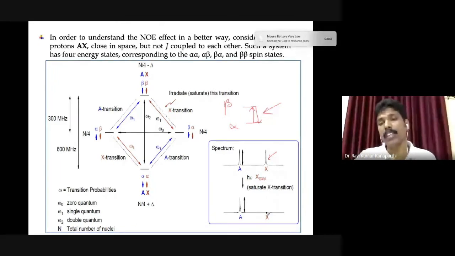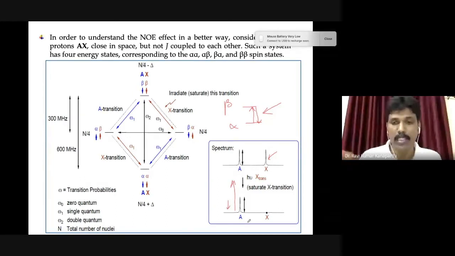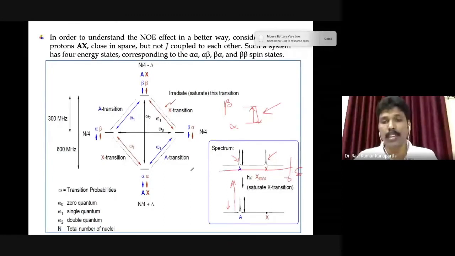So if X is saturated, then what I'm trying to explain is that according to NOE, if X is saturated, this signal intensity will either enhance or decrease. That is what I'm trying to say so far. You can also just saturate A. Where A is resonating on the delta scale, you know very well, it starts from 0 and in the case of proton goes up to 12 or 15.